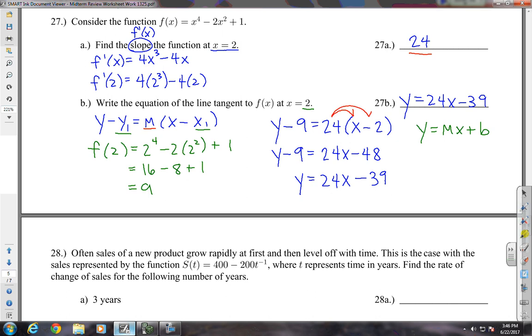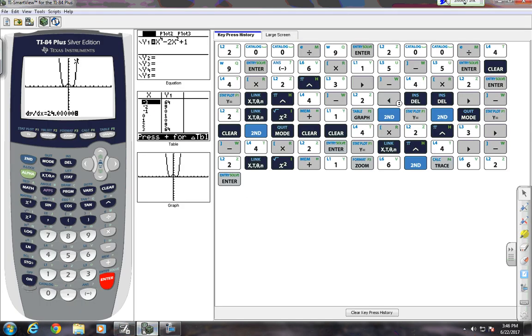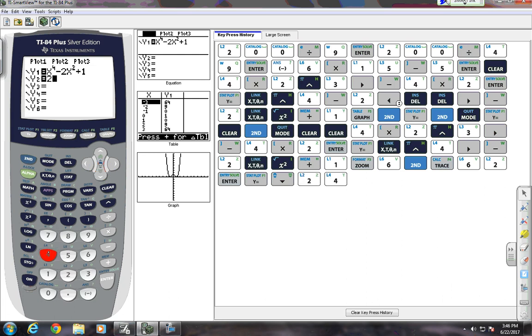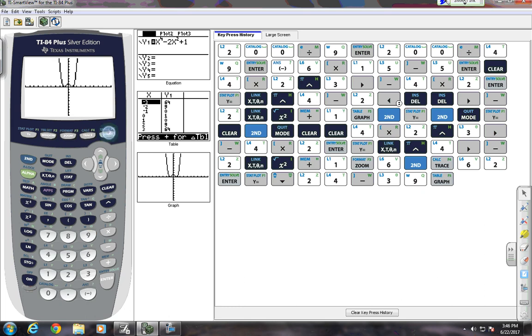You can check this on your calculator by graphing it on the same screen where we have our function. If you go down to y2 and type in the equation of our line, 24x minus 39, and take a peek at the graph, we're just going to inspect it and make sure it at least looks tangent. This is absolutely no substitute for calculating it by hand, but at least it will give us an idea that we're not too terribly off.